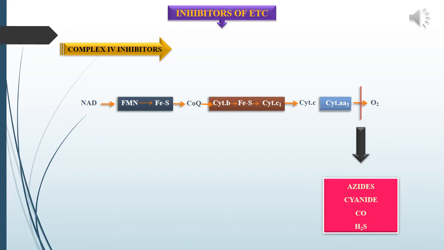They inhibit the formation of water from oxygen, so cytochrome oxidase action will be inhibited by complex 4 inhibitors: azides, cyanide, carbon monoxide and hydrogen sulfide.